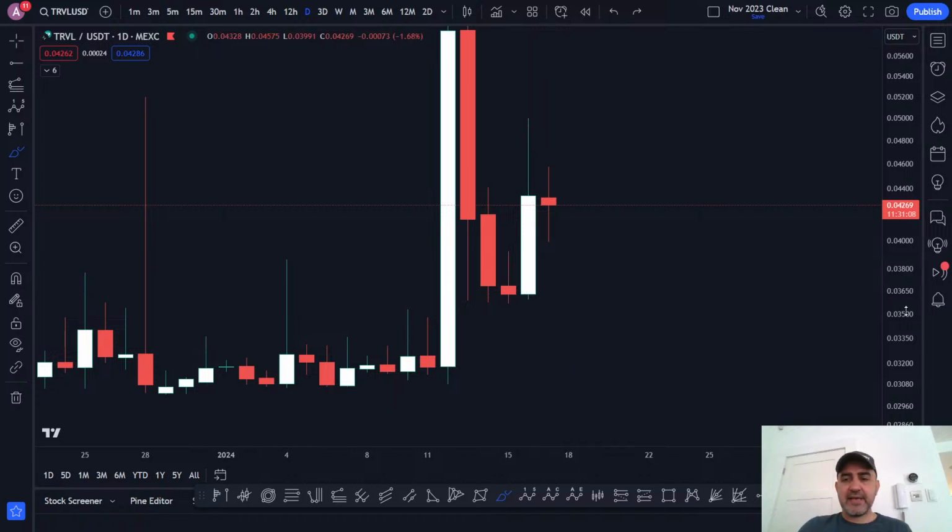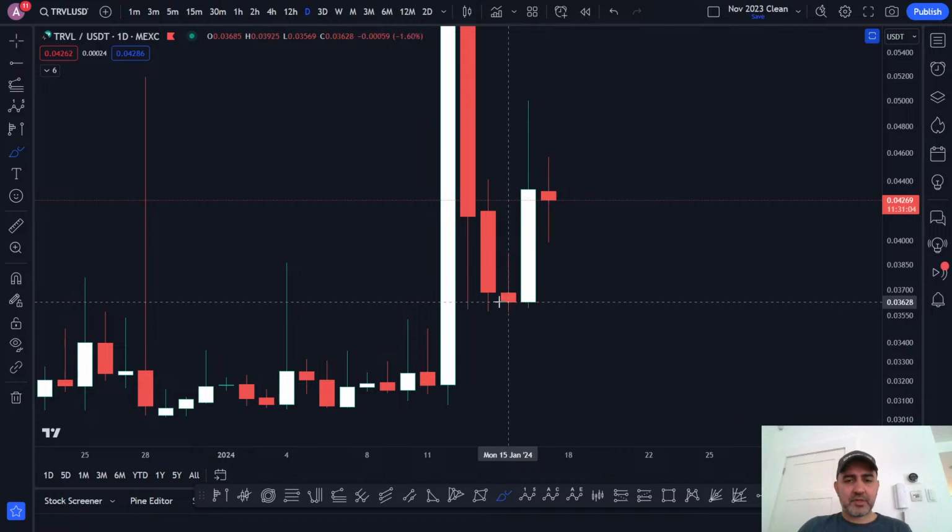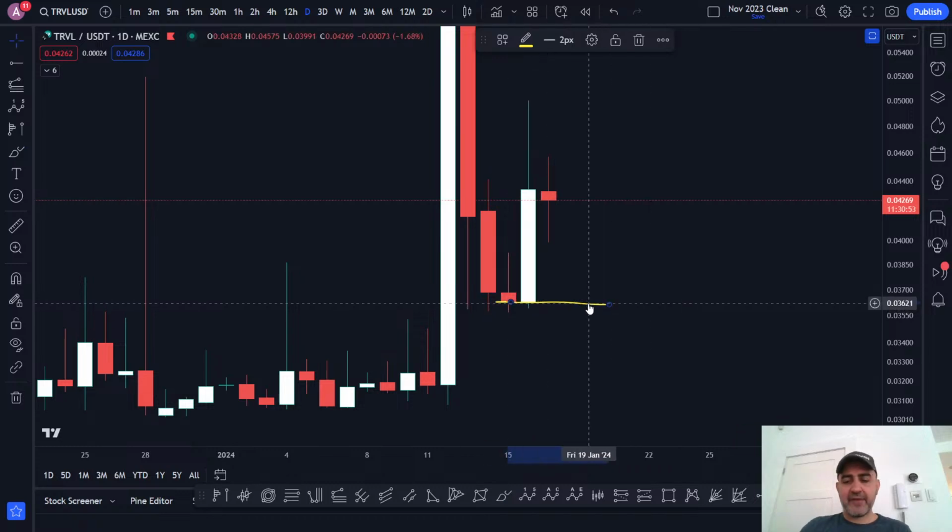But the strongest level is probably going to be where this flat happens, where the price closes on this daily and opens on this daily candle. It's called the daily level.